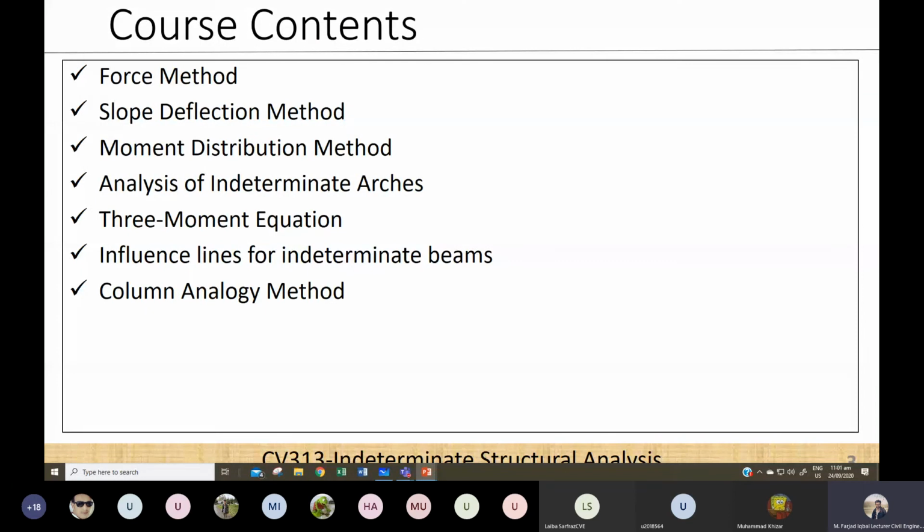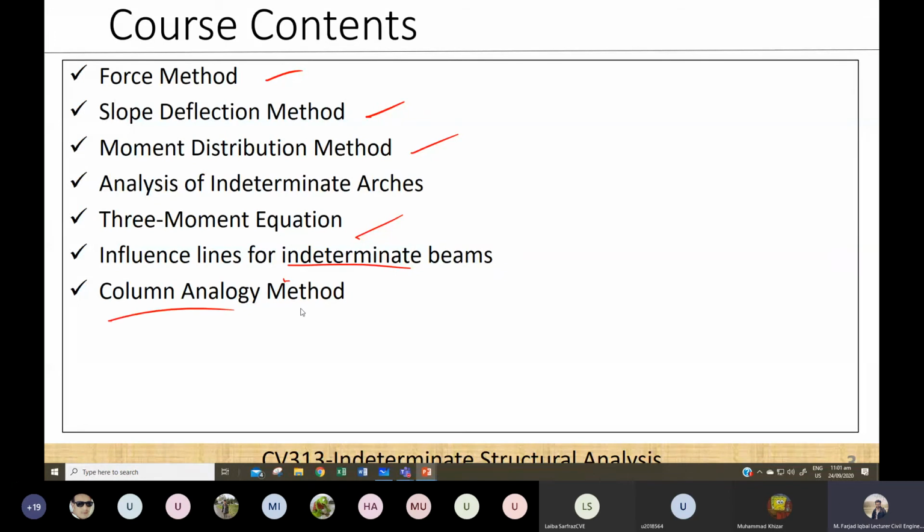So the different methods that we are going to study in this course are the force method, the slope deflection method, moment distribution, and we will also study the analysis of indeterminate arches, the three moment equation, and the influence line also we will be studying for indeterminate beams.